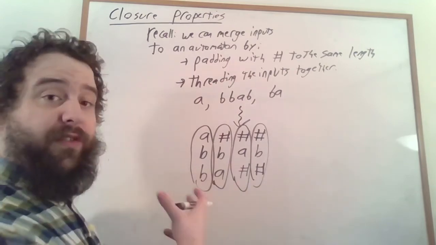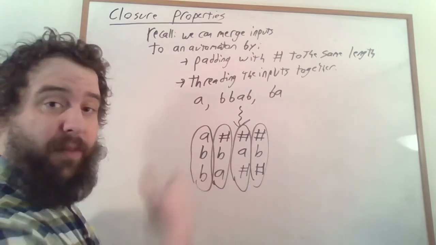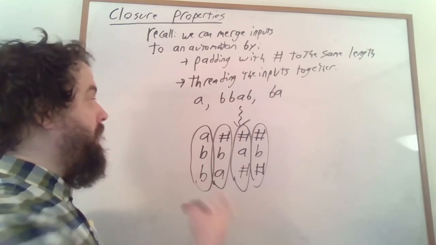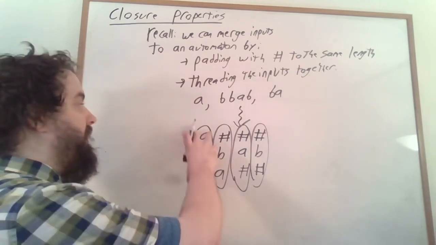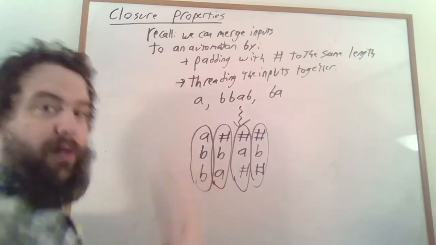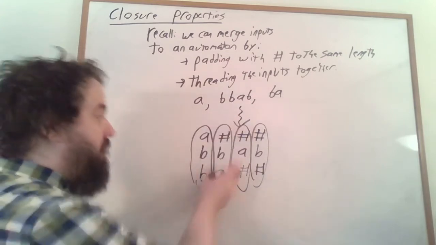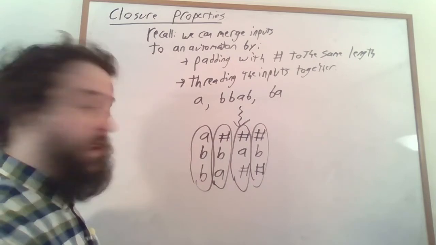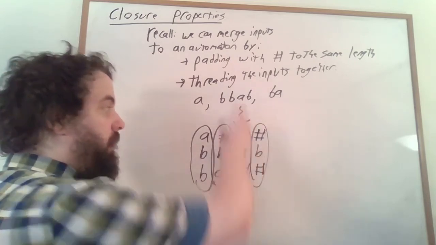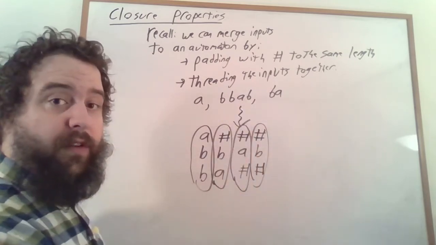The characters still come from some finite set. It's much larger now, but we can still feed in this tuple all at once as the first input to our automaton, and this tuple all at once as the second input to the automaton, and this tuple all at once as the third input to the automaton.